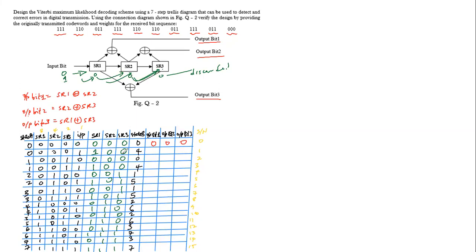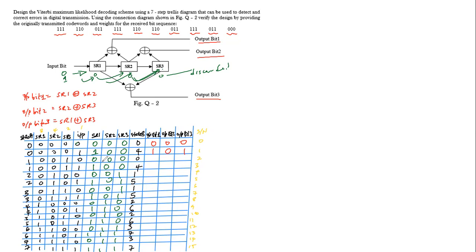Now, for this combination, output bit 1 is SR1 plus SR2. That's 1 plus 0, which gives us 1, modulo 2 addition. Now output bit 2 is SR2 plus SR3, that is 0. Now output bit 3 is SR1 plus SR3, 1 plus 0 is also 1.